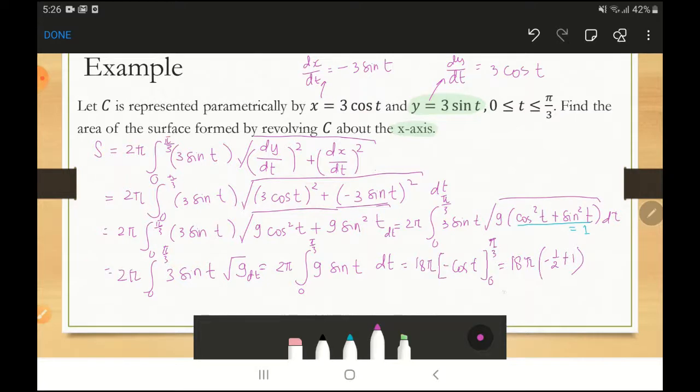So we have 18 pi times 1/2, which is 9 pi. Here you go. So 9 pi is the area of the surface.